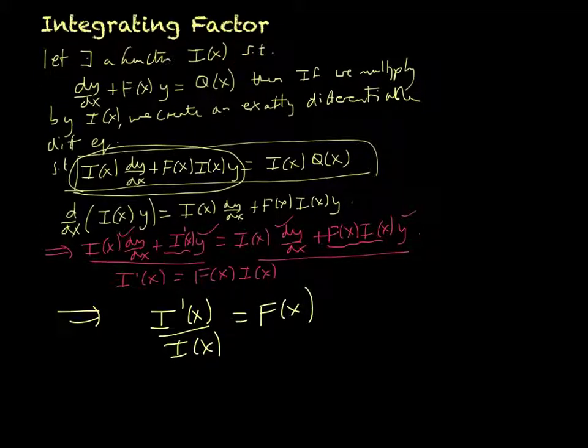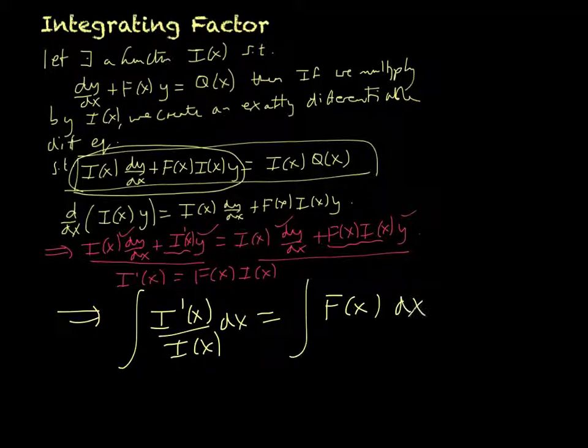If I integrate both sides with respect to x, can you see the connection I'm going to have here? I prime over I must be ln of I of x equals the integral f of x dx.